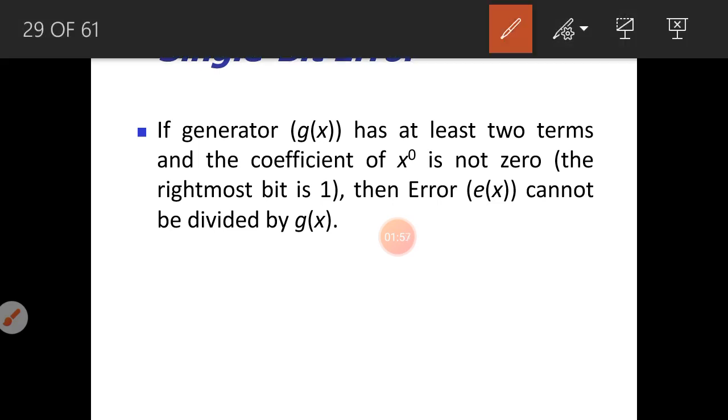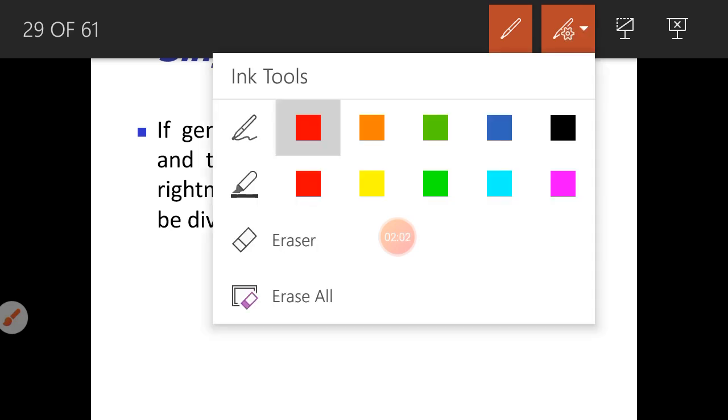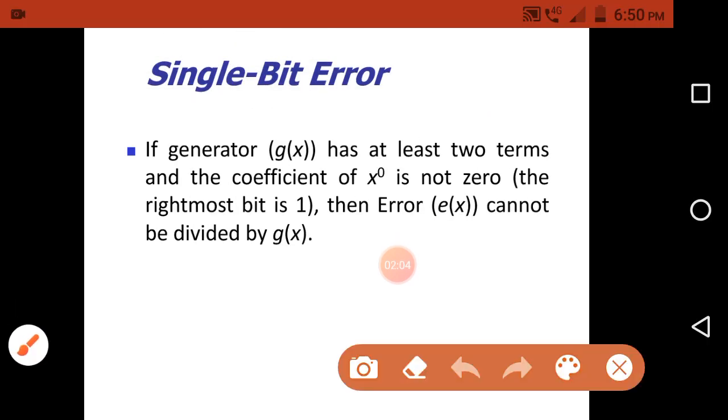First we will discuss the single bit error. A single bit error is nothing but any one bit being modified in the data. That modified, corrupted bit we call a single bit error, because only one bit has been corrupted or modified.